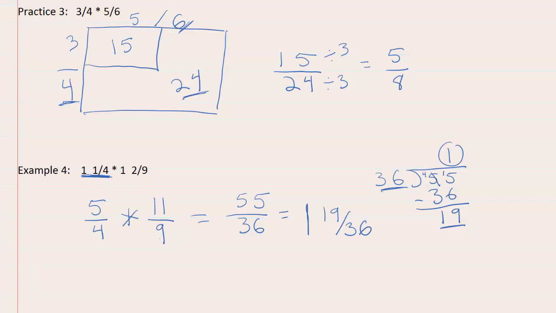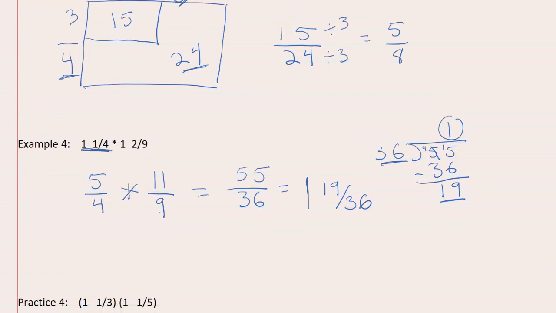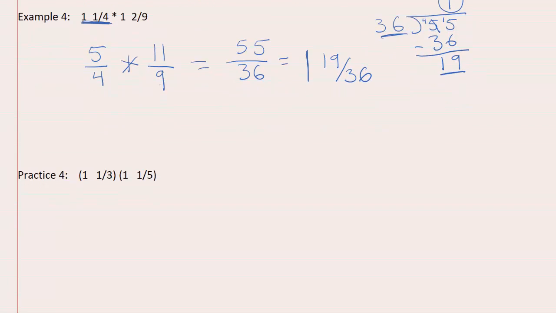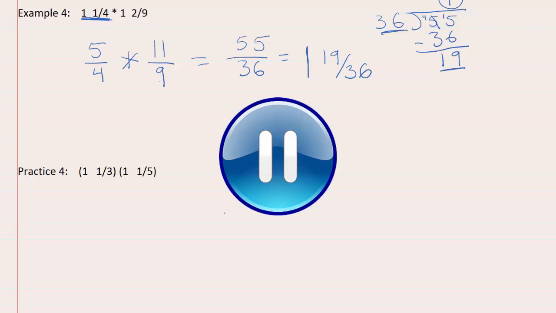Okay, so when it really comes down to it, these are hard to picture what's happening. Once we can start to see what's happening, the steps aren't too bad. So let's go ahead and let you guys do this practice problem on your own, and then we'll come back together and see what the answer should be.